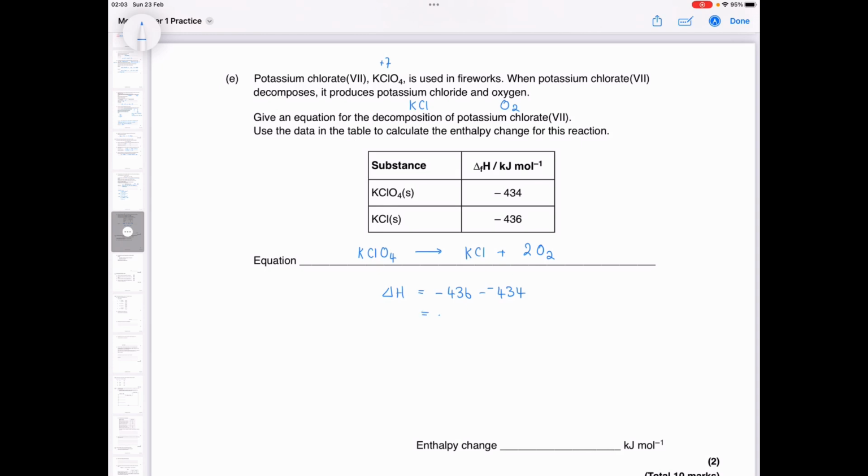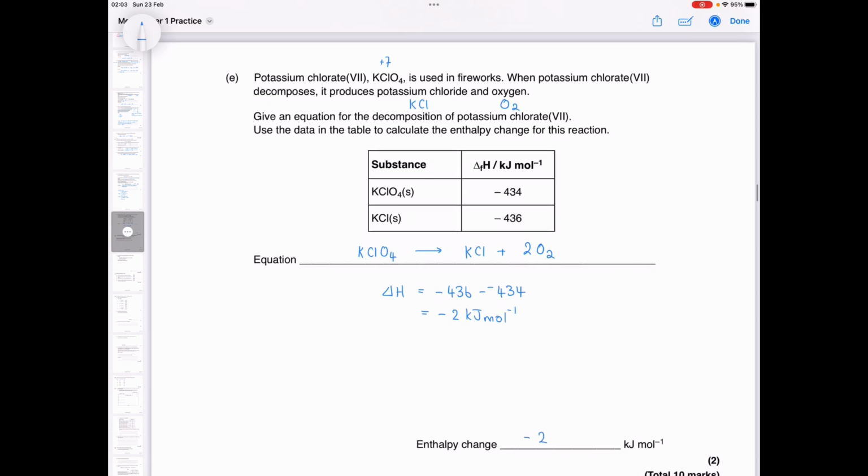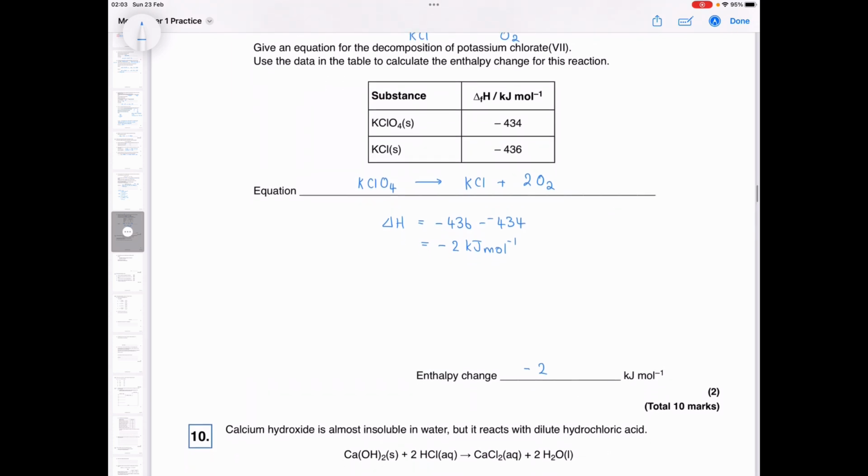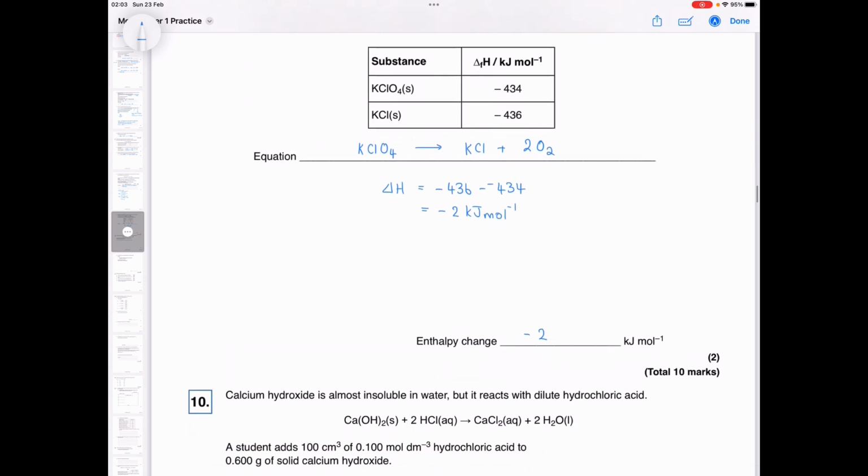So the answer is -2 kilojoules per mole. And that's the end of that question.